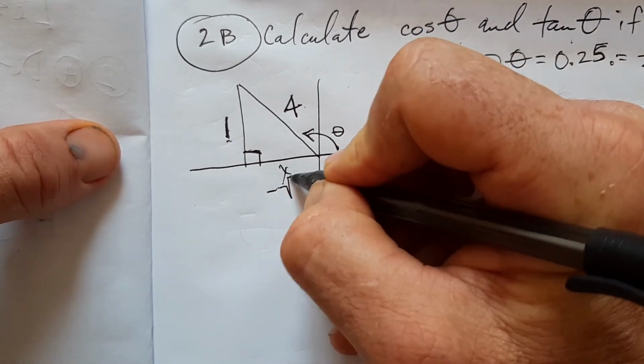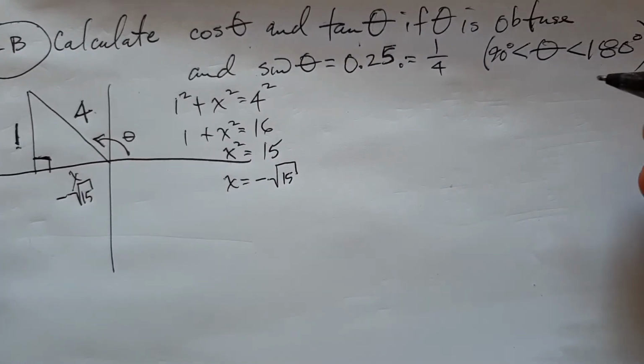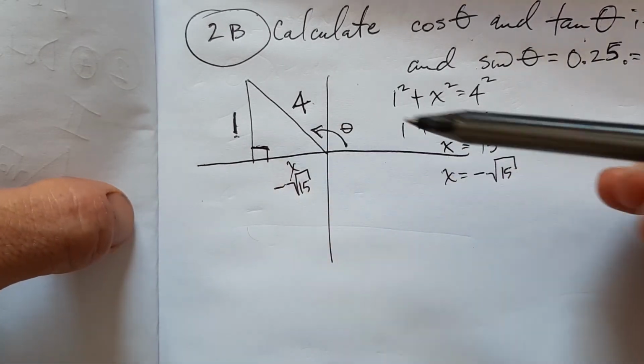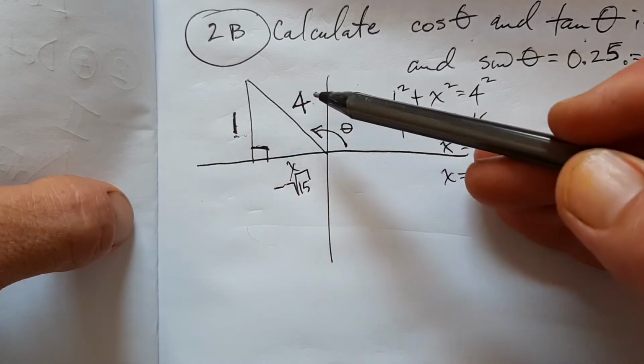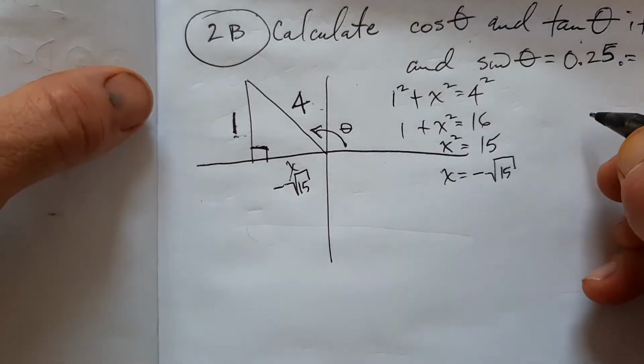Let's line up where we are every time first. If you got this type of problem and it says obtuse, ding, ding, ding, we are in the second quadrant. Make sure x is negative, y is positive, hypotenuse always positive. So now we're set up. You can find your answers just like that.